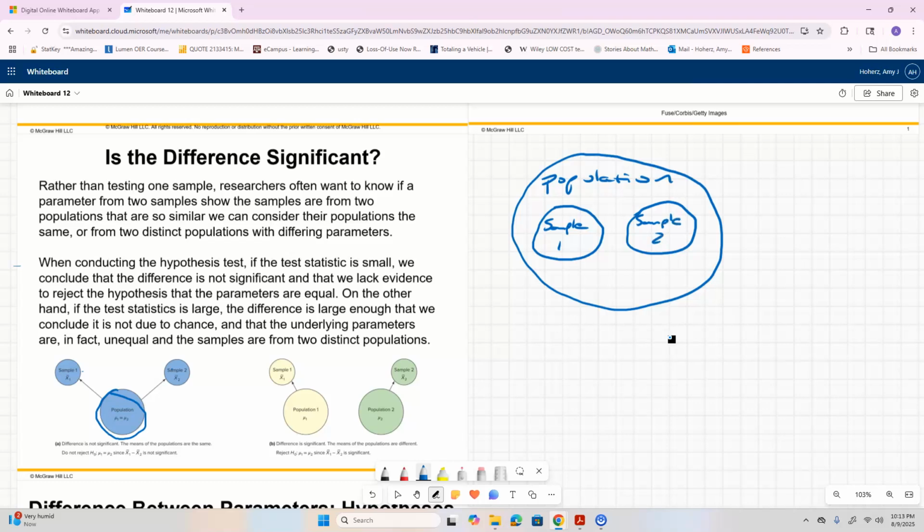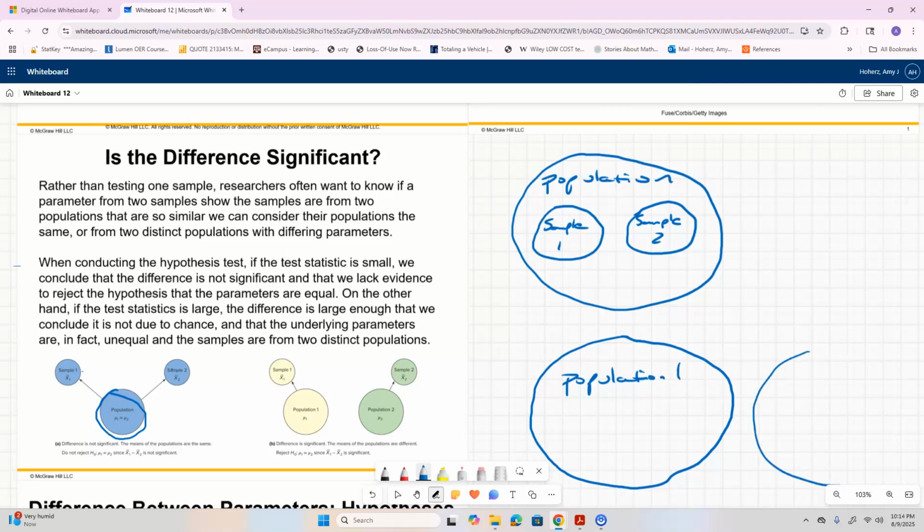Whereas if we find that the samples are quite a bit different at a certain level, we'll have our alpha levels again, then instead of thinking that they're from the same population, we would consider that they were from two distinct populations.